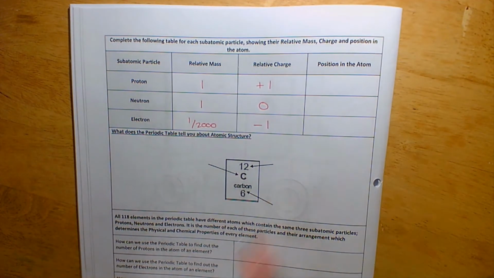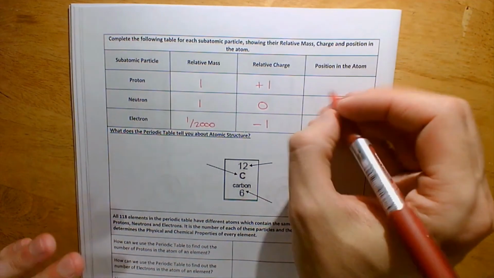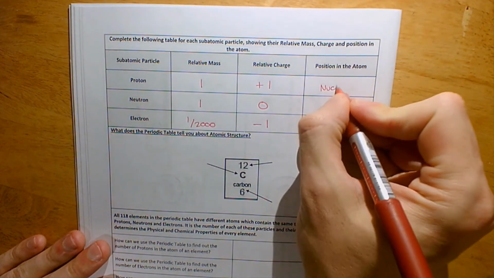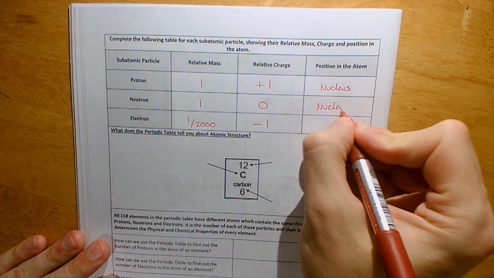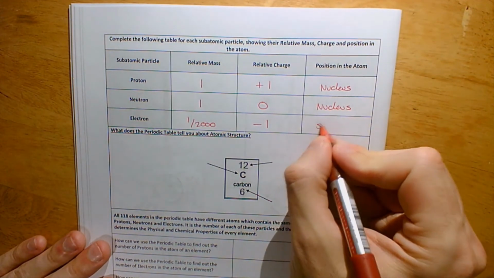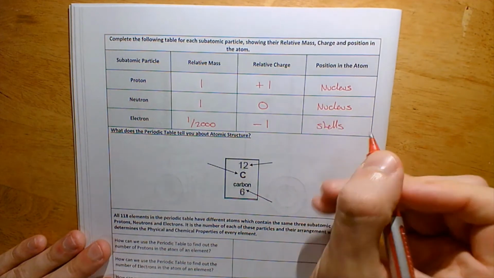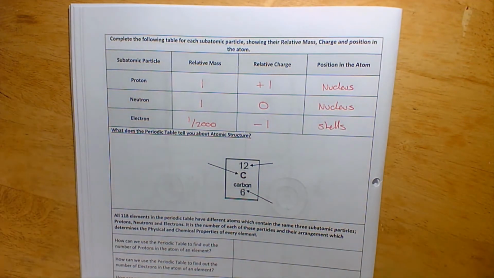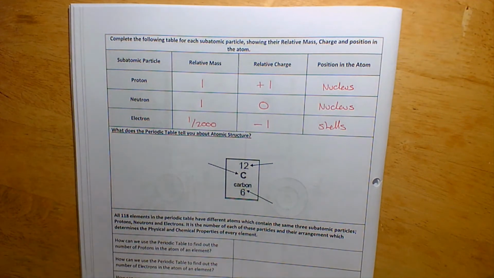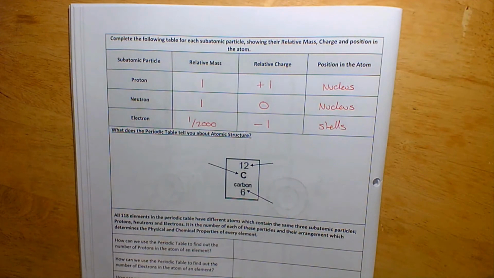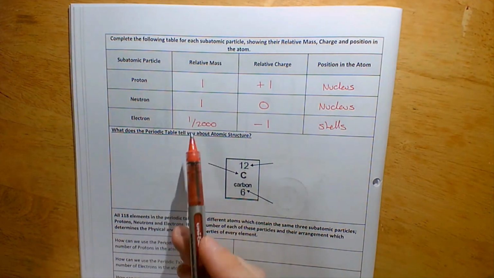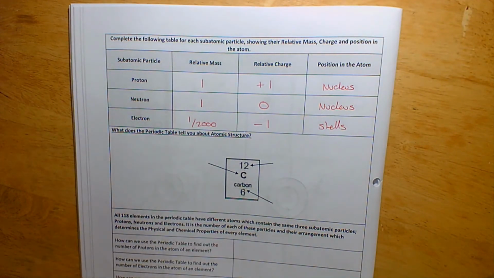So their position within the atom: your protons are found in the nucleus, your neutrons are found in the nucleus, and your electrons are found in the shells orbiting the nucleus. And what we can see there is that when it comes to the mass of the atom, it's only really the proton and the neutron that contribute, because the electron is so light and so small.